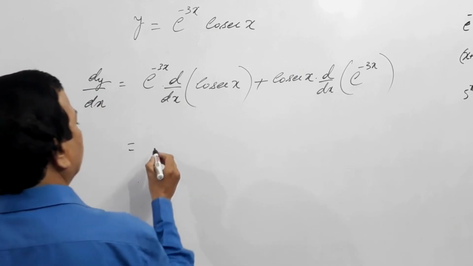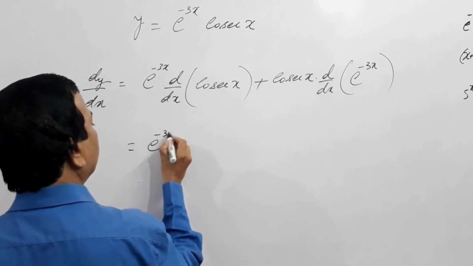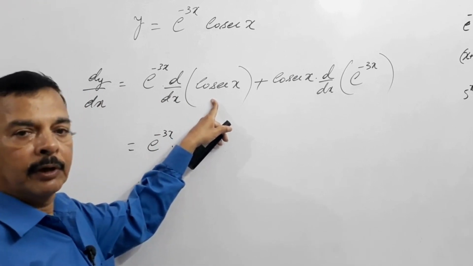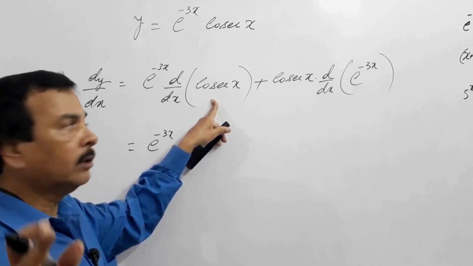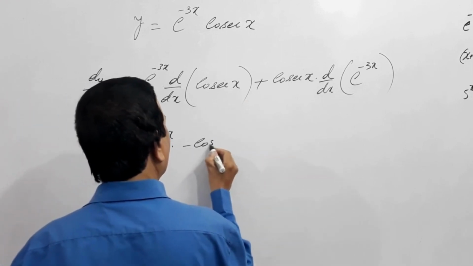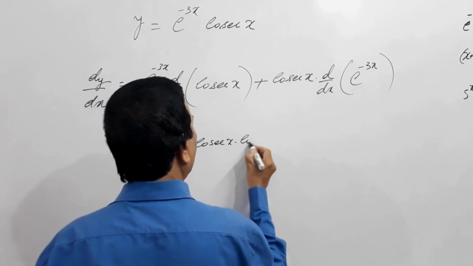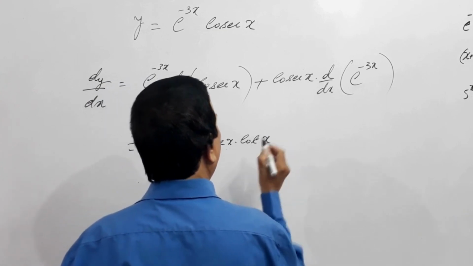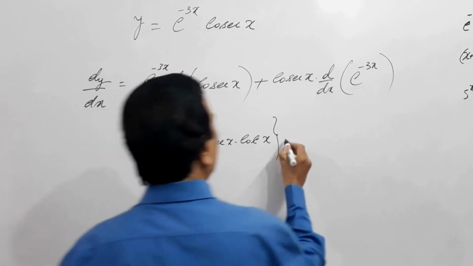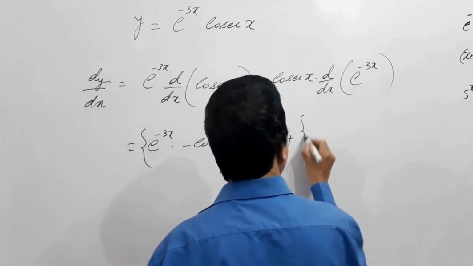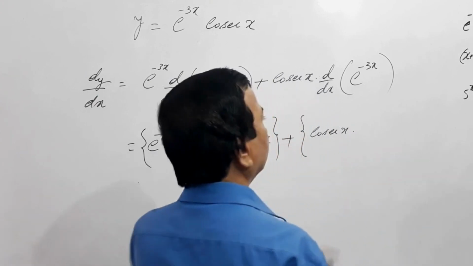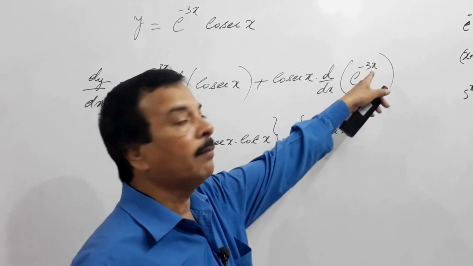So this becomes what? e to the power of minus 3x. If you differentiate cosecant x, what happens? We get minus cosecant x into cot x. That becomes minus e to the power of minus 3x cosecant x cot x, plus cosecant x, d by dx of e to the power of minus 3x.